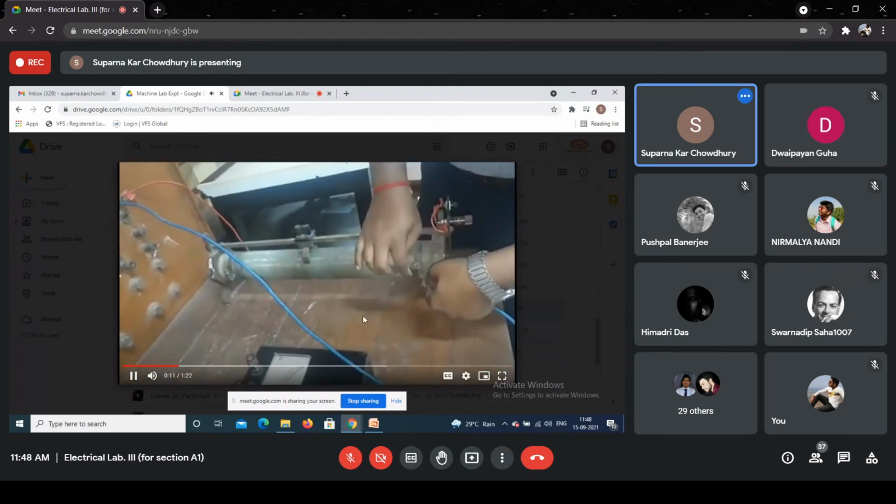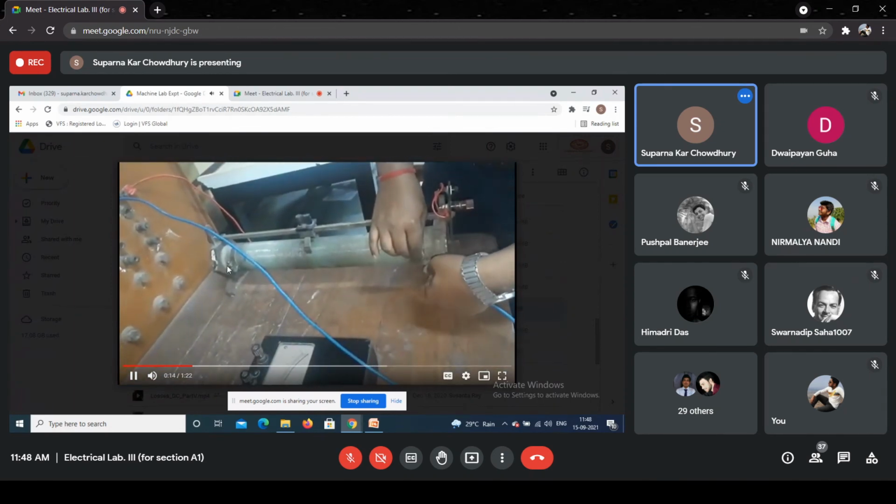This is the rheostat. The rheostat has 3 points. These two are the fixed points.